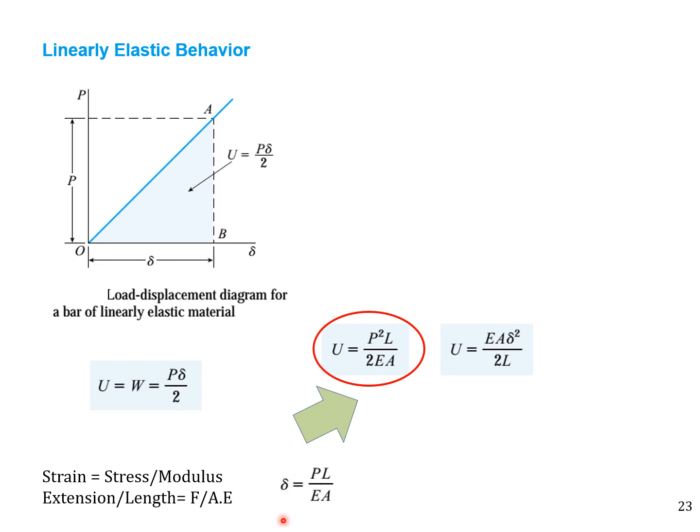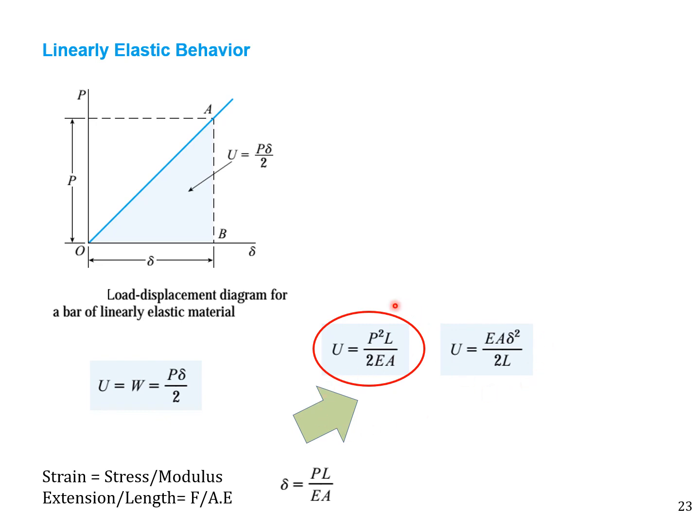So if we put this value of delta into this, we will have the value of strain energy equal to load square L divided by 2EA, or it can be written in the form of extension.